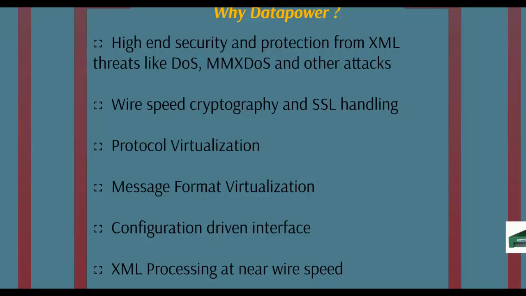The speed at which DataPower can process that is near wire speed, and that is where it shines over most of the products, because most of the ESB products in the market are software-based products. There is a limitation on what software speed can be, and DataPower is purpose-built for handling cryptography and SSL. Then there is protocol virtualization.